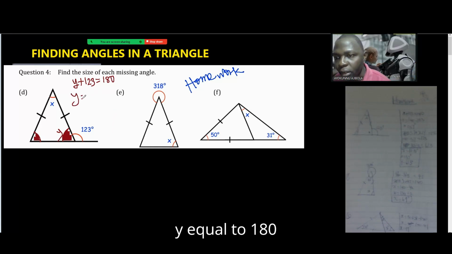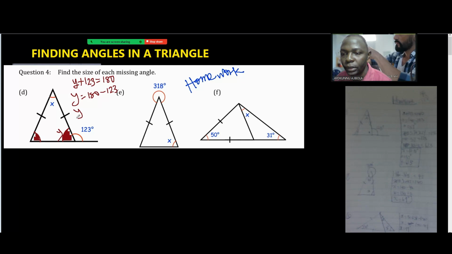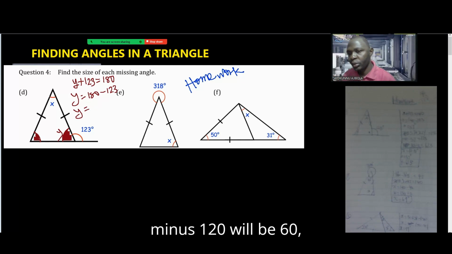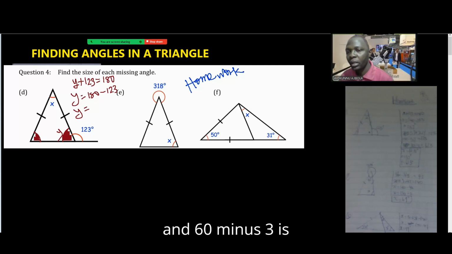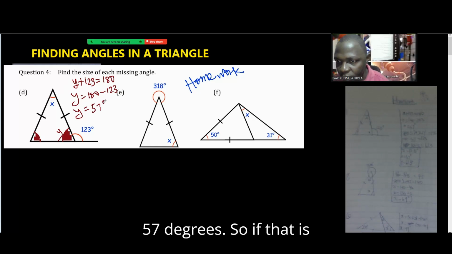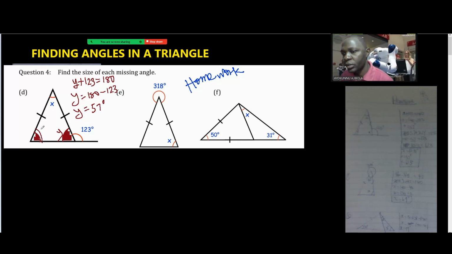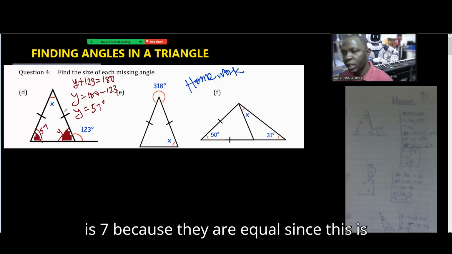So y equals 180 minus 123. So 180 minus 120 will be 60, and 60 minus 3 is 57. 57 degrees.